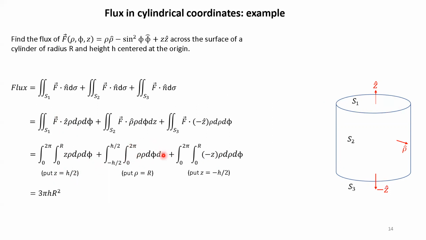And then in the second integral, whenever the integrand shows me some factor of rho, I just put rho to be this capital R. And finally, in the last one, if I have this z variable in my integral, I just put z equal to this constant, minus h divided by 2. Make sure that you understand all three terms.